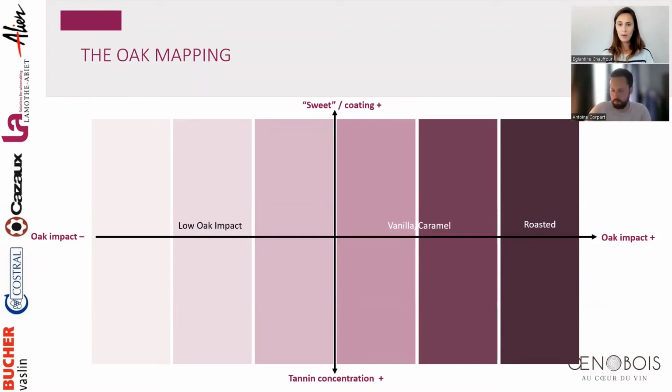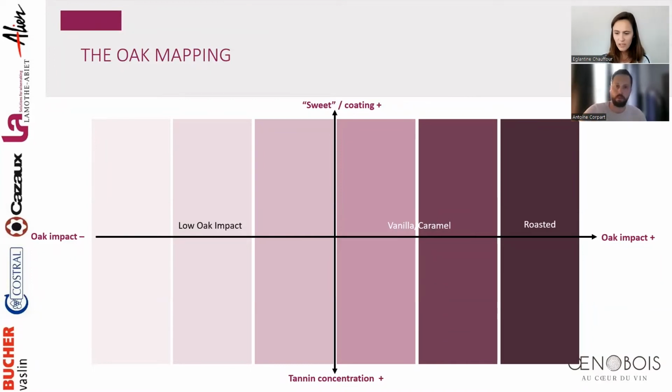Then if we look at the up and down axis, at the low part of the axis, we are looking at oaks that will bring structure, that are rich in ellagitannins, that are here to really give tannins and structure to the wine. On the top part of the graph, we are looking at the oak that will bring you sweetness, roundness, and a coating effect, actually integrating these tannins and giving body, volume, and support to the wine.